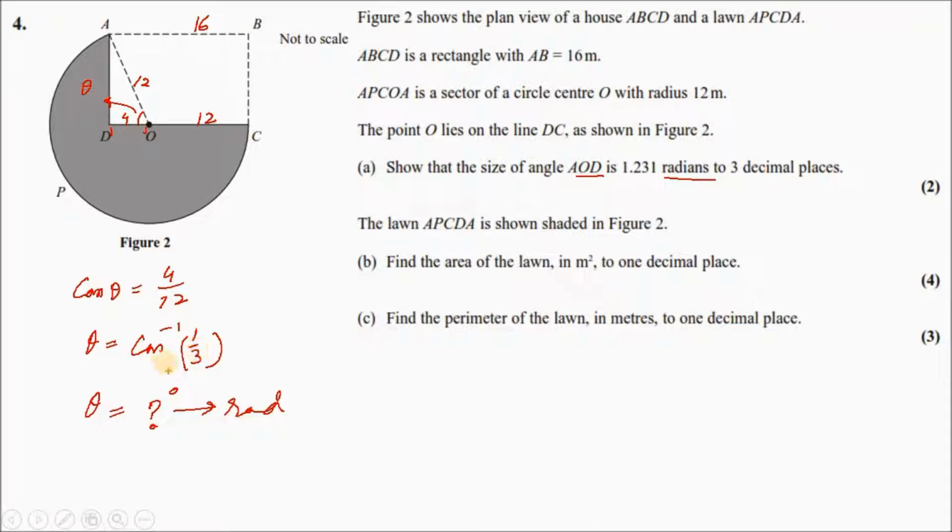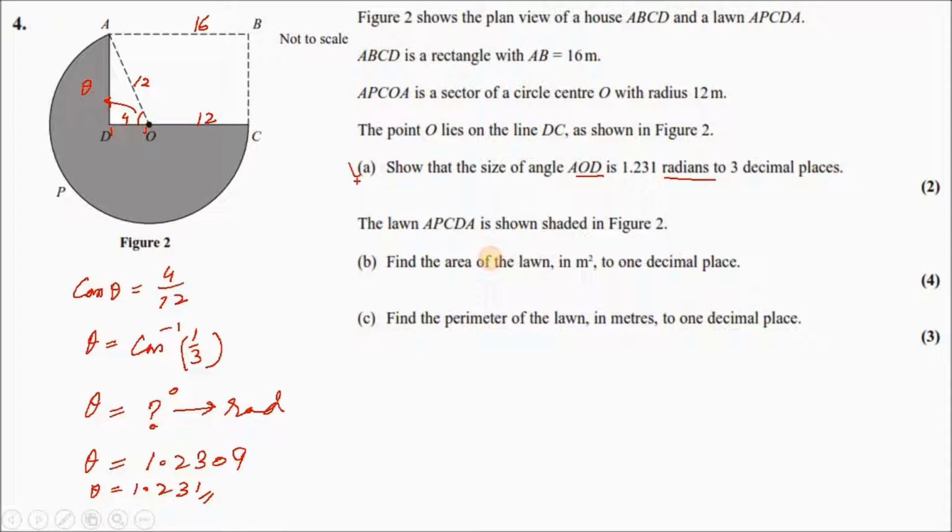You should set your calculator to radian and then find cos inverse. So your answer will directly be 1.2309, and you round it off to 3 decimal places, so theta would be equal to 1.231. That's how you figure out theta.